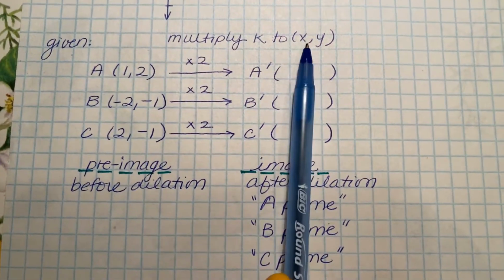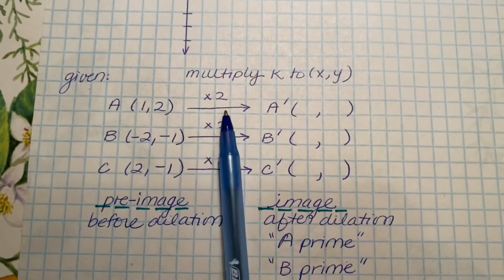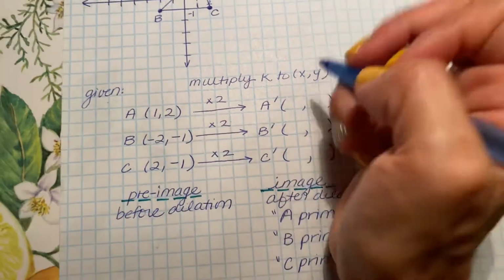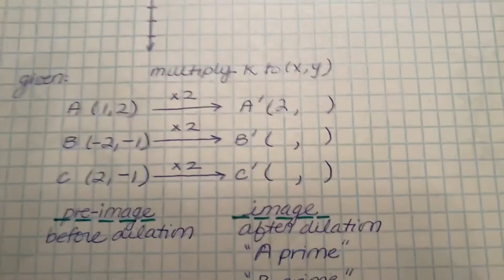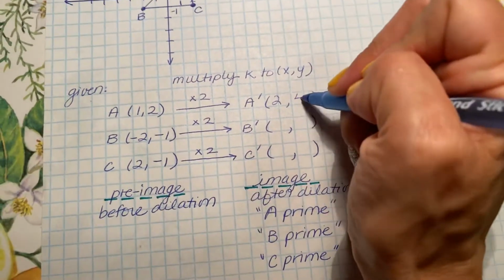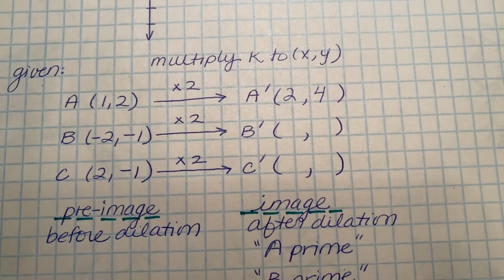Pre-image, image. Okay, so you multiply by 2. So 1 times 2 is 2. 2 times 2, 4. That's it, you guys.